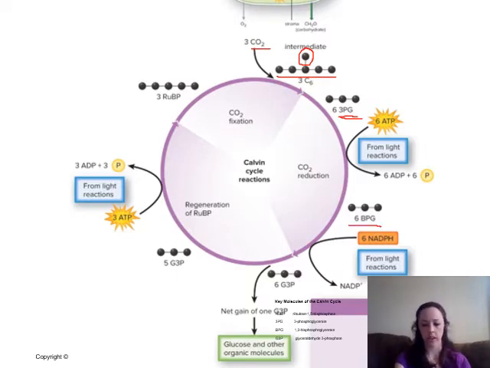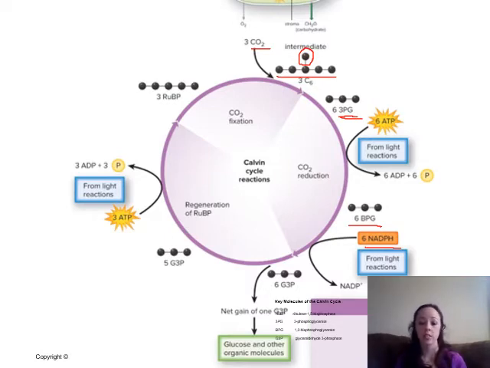And our hydrogen ions are given to our coenzyme NADP, giving us NADPH. And so that then turns BPG into G3P. And so now we have our desired product from the Calvin cycle.